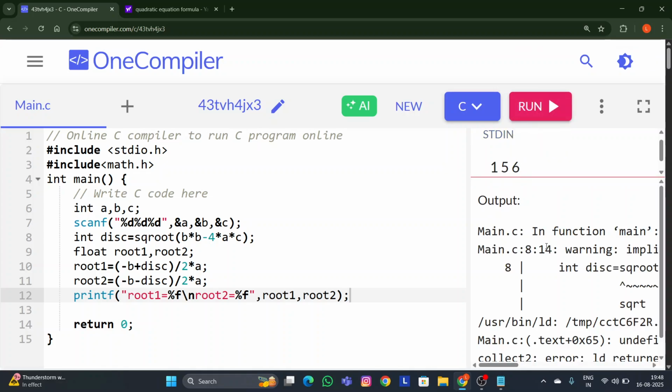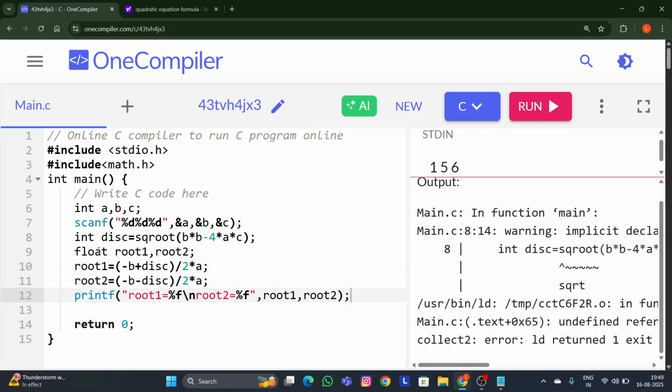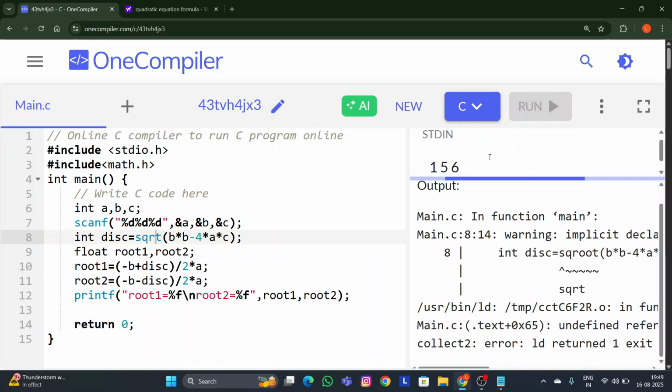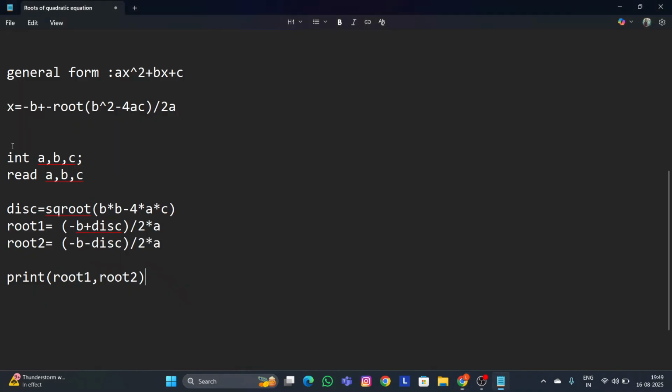So what is the output? Here some error is there with the function square root. Okay, you see here root 1 is minus 2, root 2 is minus 3. This is the output.